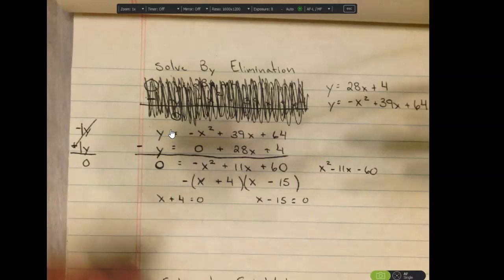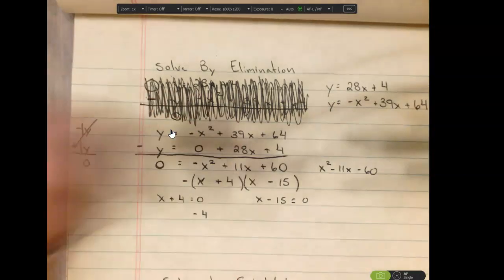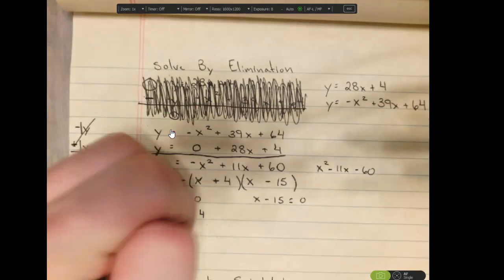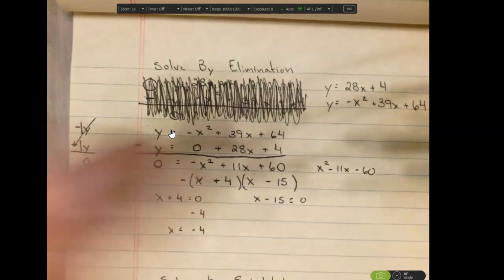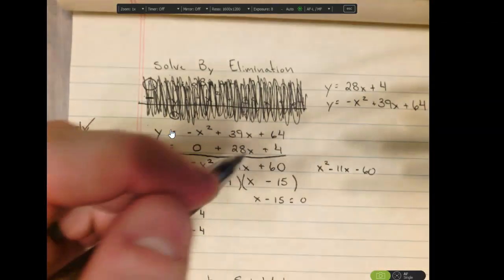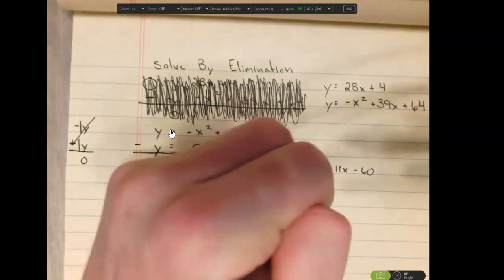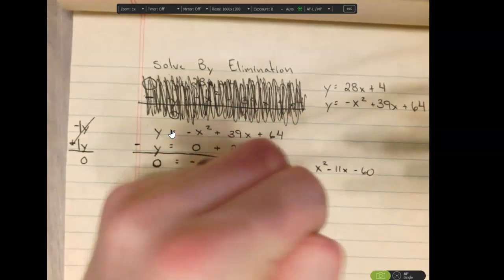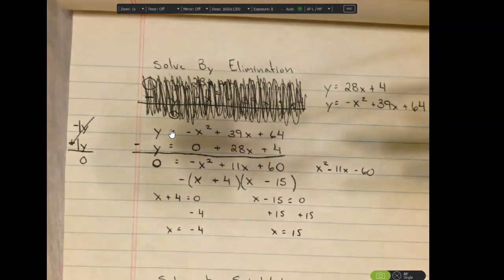From there, I solve for x. So I'm going to subtract 4. So x is equal to negative 4. And on the right side, I'm going to add 15. So x is equal to 15.